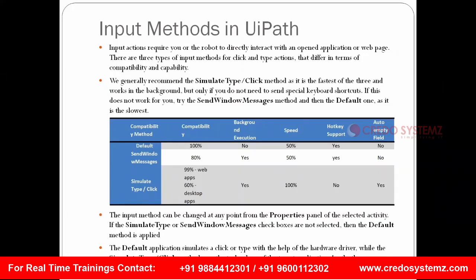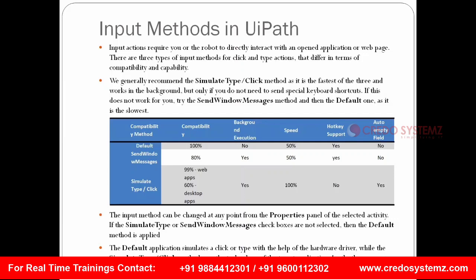They make sure that your robot, indirectly your program, interacts correctly with the target application and gives you the best result, so that your process automation is just a mimic of what you do as a human.